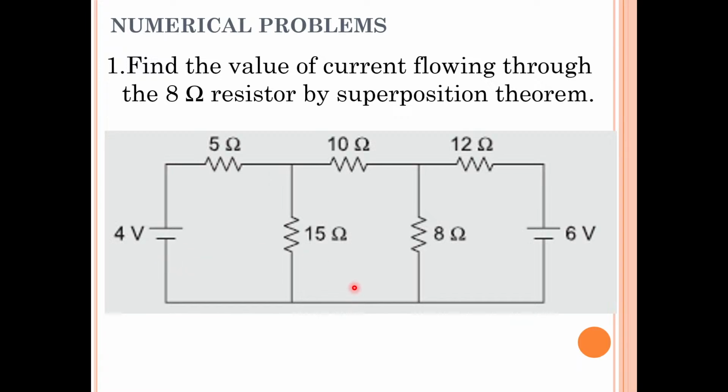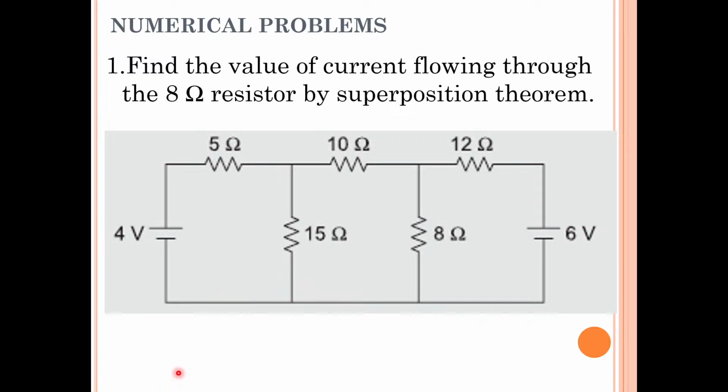A current source must be replaced by infinite resistance, and usually a voltage source by zero internal resistance. Here there is no resistance value mentioned, only voltage, so the internal resistance of this voltage source is 0. I hope you have written this.